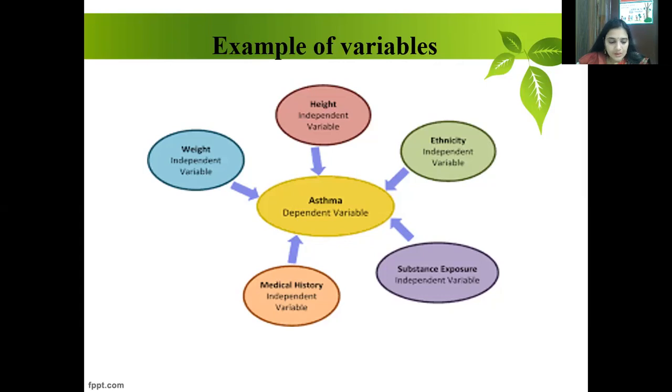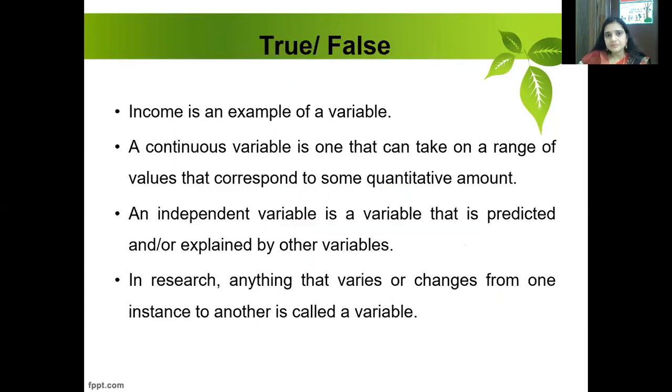That can be done, right? Or to what extent does traffic affect a person's mood? Can a person's mood affect the traffic? No, not at all. But traffic might affect a person's mood. So traffic here is the independent variable and the dependent variable here is mood. So this way we will be deciding dependent and independent variables.